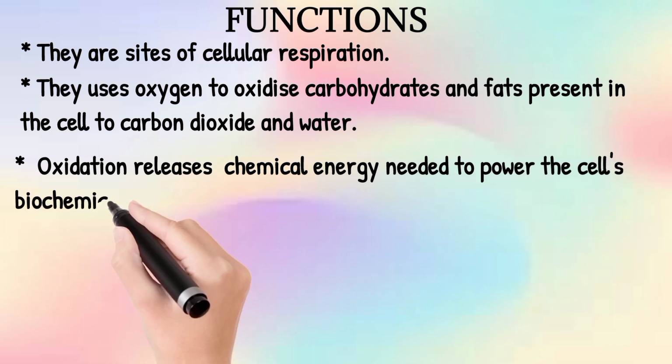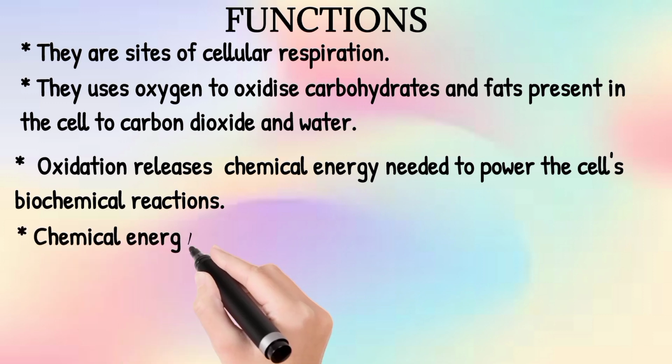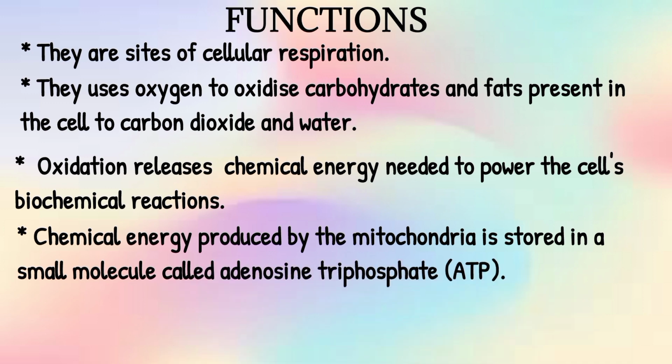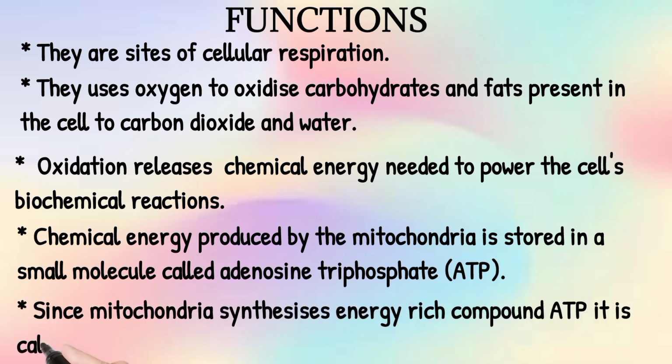Oxidation releases chemical energy needed to power the cell's biochemical reactions. The chemical energy produced by the mitochondria is stored in a small molecule which is known as adenosine triphosphate. Since mitochondria synthesize energy-rich ATP, it is called the powerhouse of the cell.